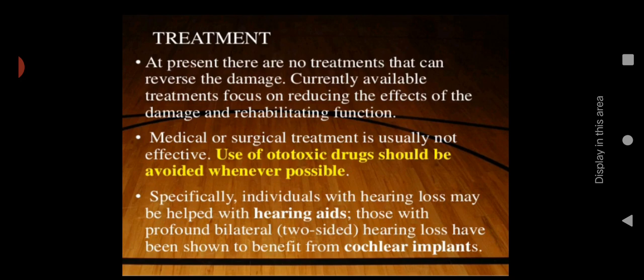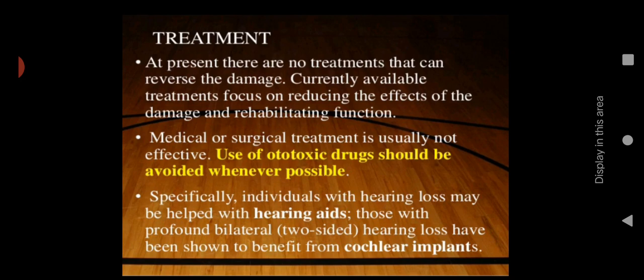If they are having some hearing loss or impairment, we can reduce the effect of that problem, and also provide some rehabilitating function. Medical or surgical treatment is usually not effective. Use of ototoxic drugs should be avoided whenever possible.